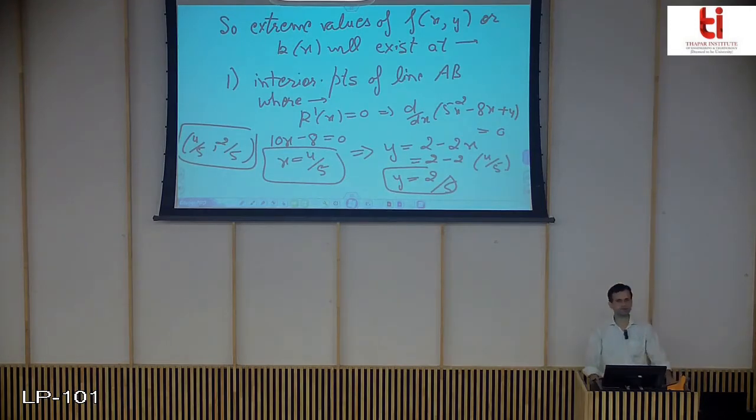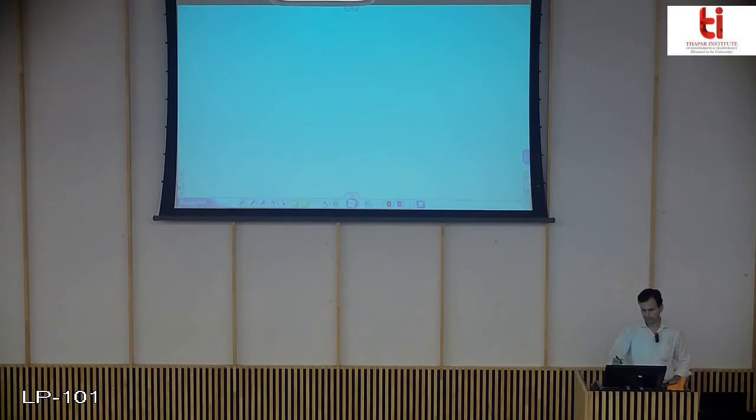In the previous two line segments, we did not get any interior point of that line segment, but here we are getting an interior point. You see, this was the shape of your triangular region, with points 1, 0, 0, 2.